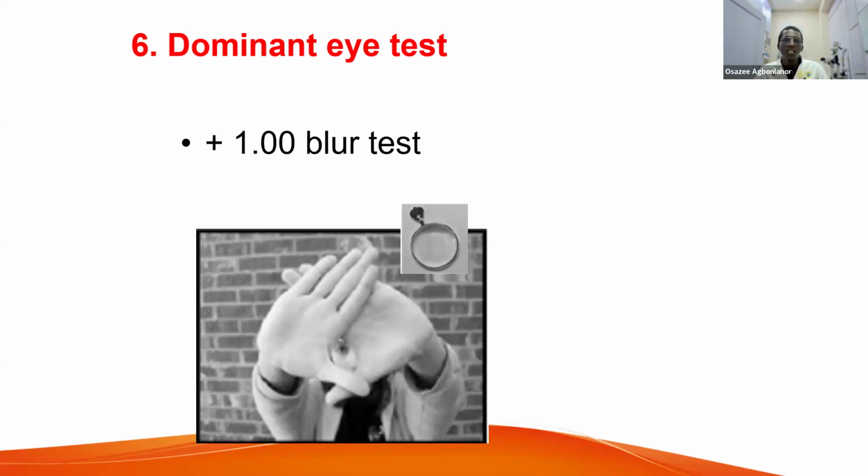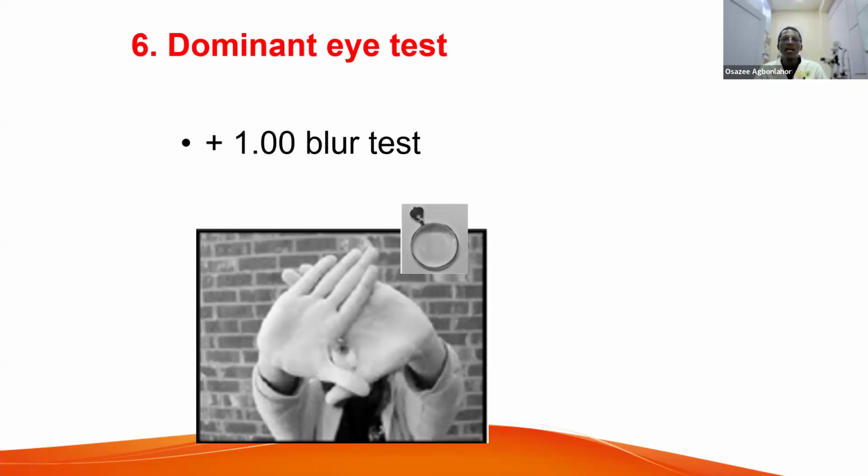Now, how do you check for dominance in the vision or in the eye? We have various methods, but one of the commonest is the plus blur test. Here, the patient is looking at a distance, usually the 20/20 line, and you put plus lenses in front of each eye. The eye that recognizes the blur most is the dominant eye.